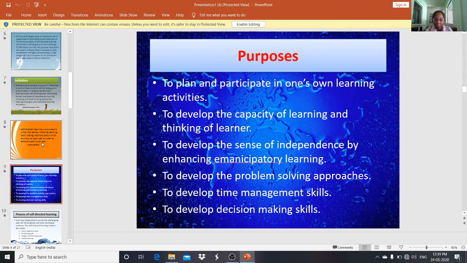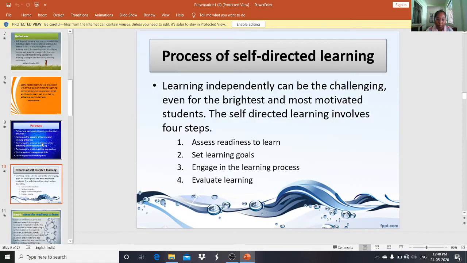To develop time management skills: for maintaining self-directed learning, the learner manages the time and maintains the skills of how to manage time. To develop decision-making skills. This is about the purposes of self-directed learning.